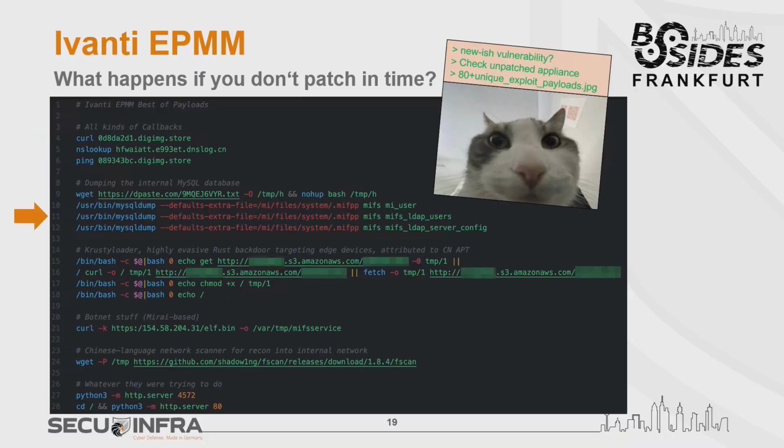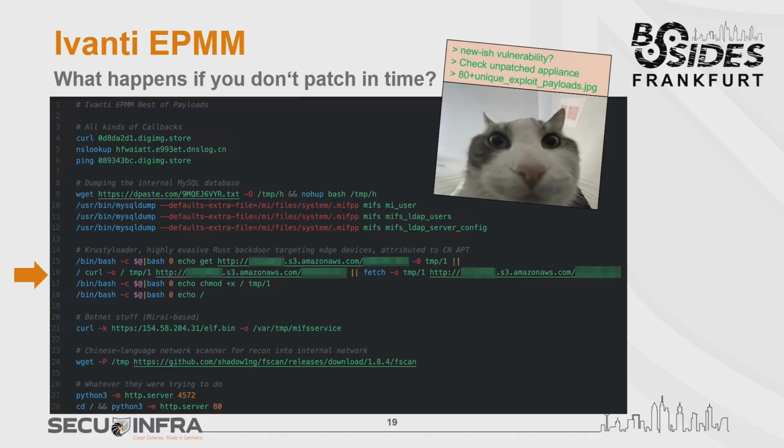Then we had a pretty popular one where they dumped the internal MySQL databases for the credentials, for example, of the Active Directory and LDAP users, which also contains the Microsoft 365 credentials, so you could take over arbitrary accounts.